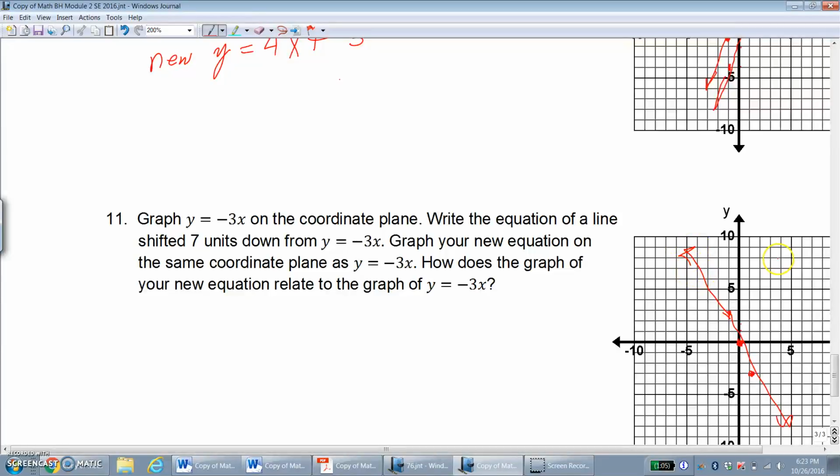And now what I'm going to do is shift the units down 7. So now my origin is going to be 1, 2, 3, 4, 5, 6, 7. That's my y-intercept. And let me just add those other points.